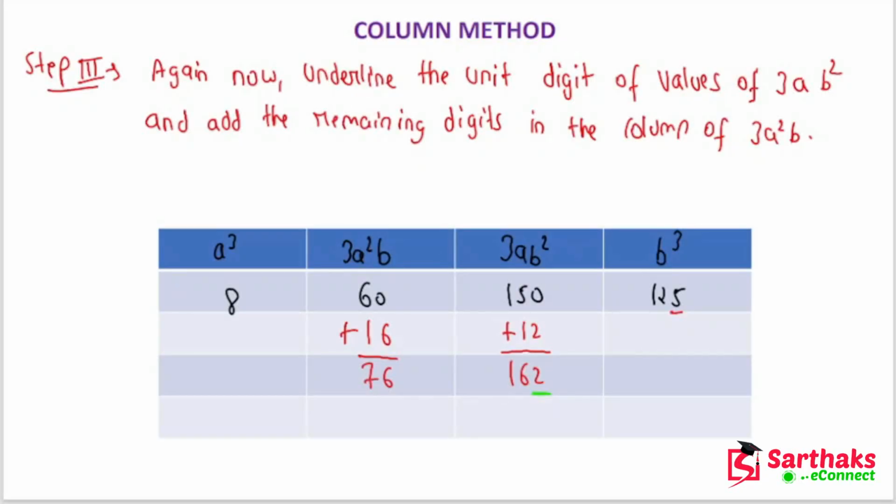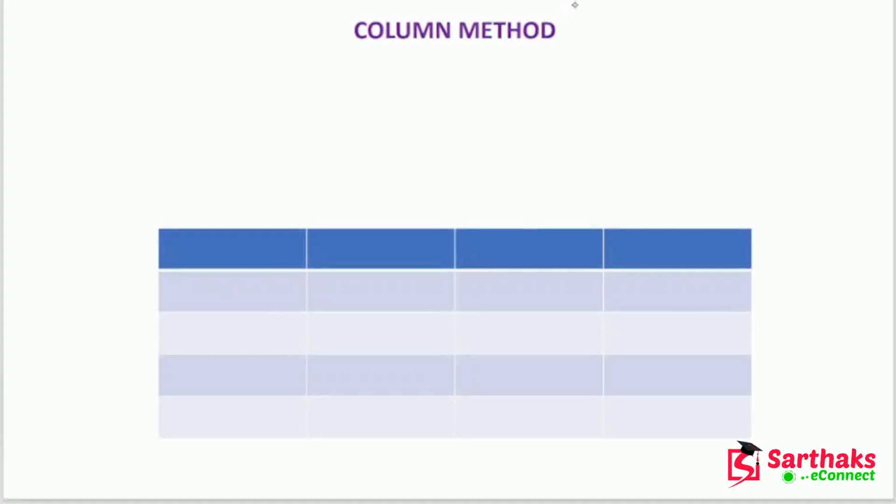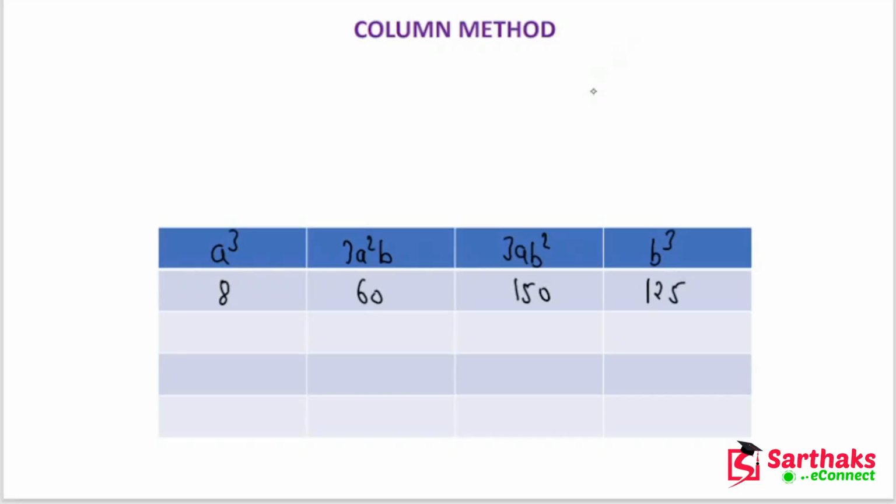Now let us move on to the next step. Okay, but before that, let us bring the question to this particular format. So we had a cube over here, then we had 3a square b, we had 3ab square, and finally b cube. Since a was 2, so it was 8, it was 60, it was 150, and it was 125, right?